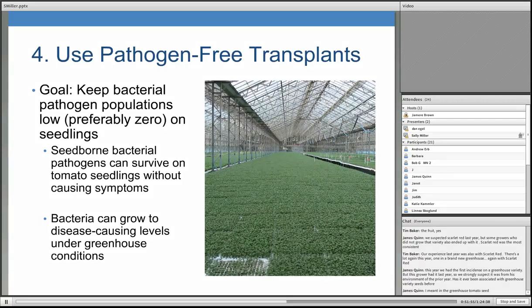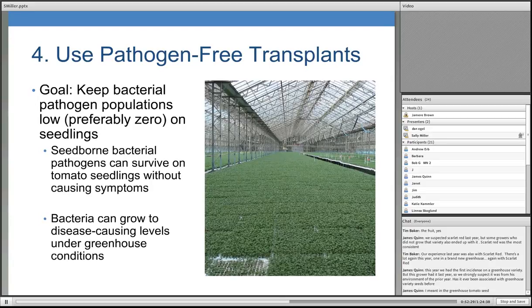But that, plus the overhead irrigation that's typical in these, whether by automated sprinklers overhead or just a hose, means you have a lot of seedlings touching each other in close proximity, air movement being slow because they're crowded, warm temperatures, and water. So essentially, it's an ideal environment for the bacteria to spread.